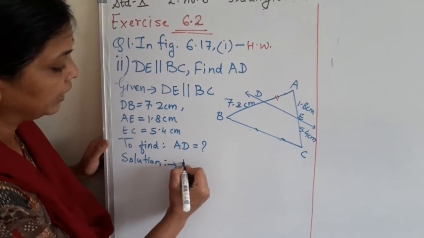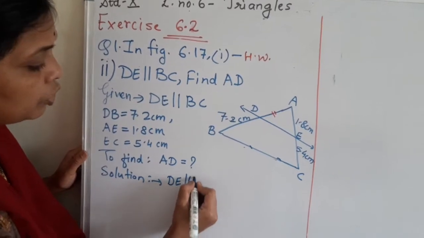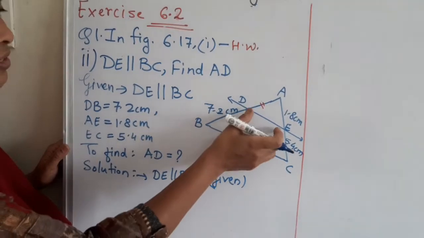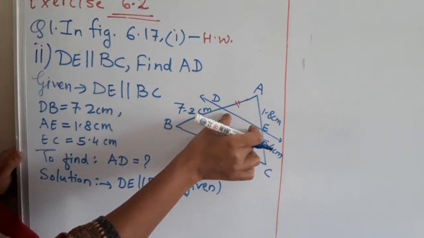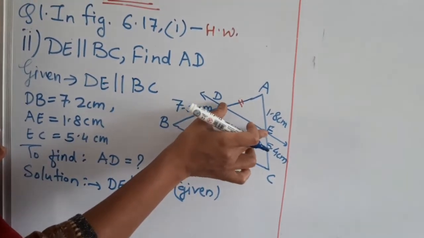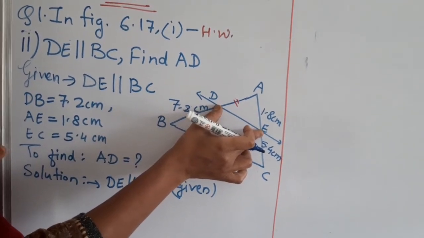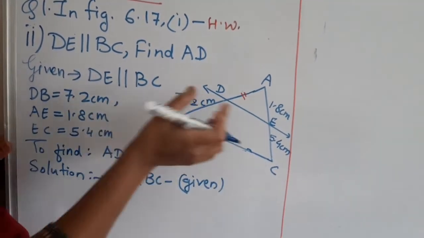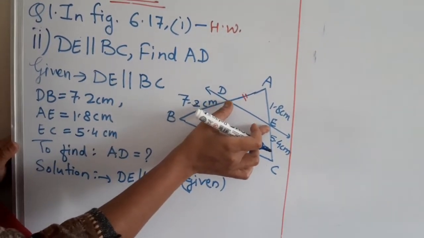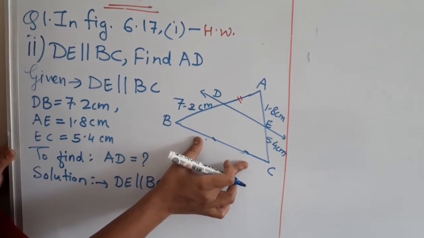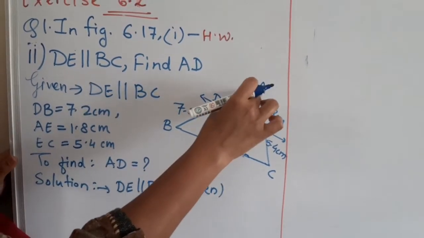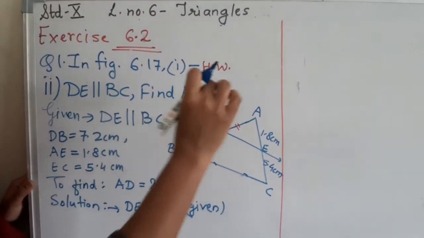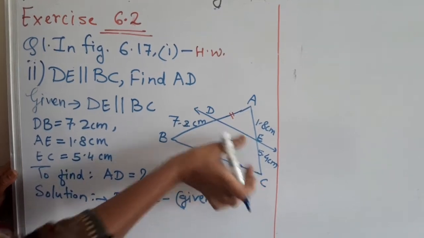So here, solution. What is given is that DE is parallel to BC. From this, when we have seen in theorem 6.1 that when two distinct points intersect two sides of a triangle and the line segment we get is parallel to the third side of the triangle, then the ratio AD upon DB is equal to AE upon EC.